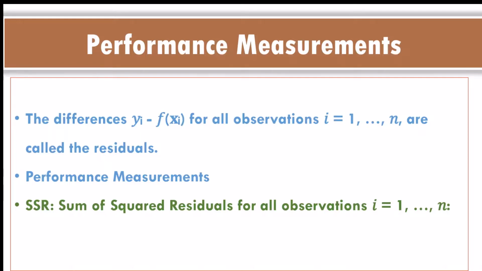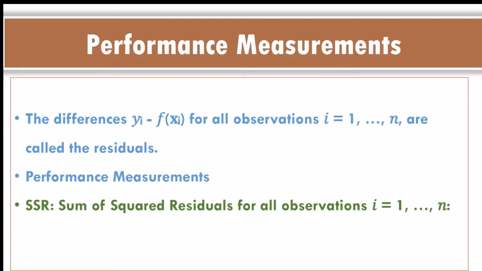What I am saying is distance is magnitude. Direction is whether it is negative or positive. We are not interested in noting whether it is negative or positive when we are considering the performance. That is the reason we square the residuals. For example, -2 as well as +2, when we square these two, we get the positive value 4.